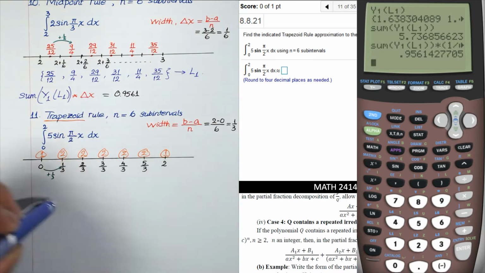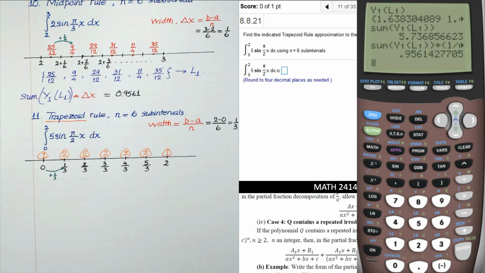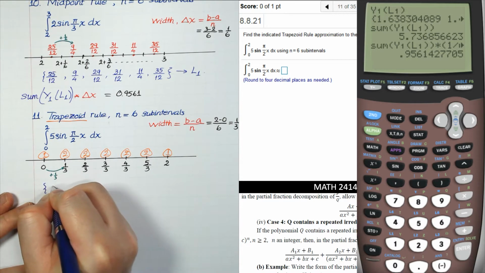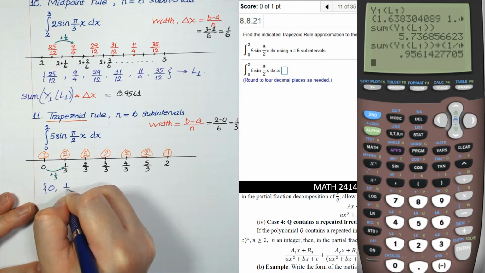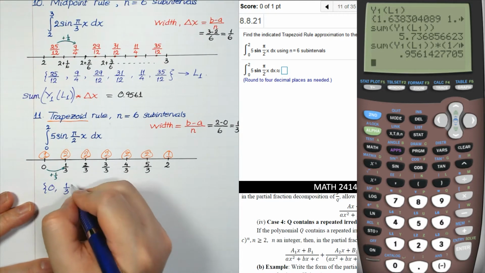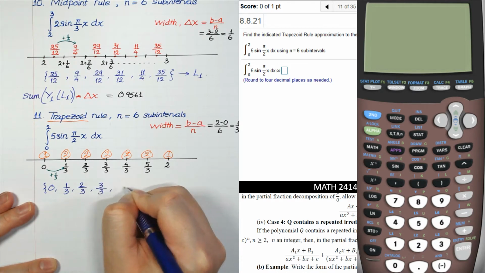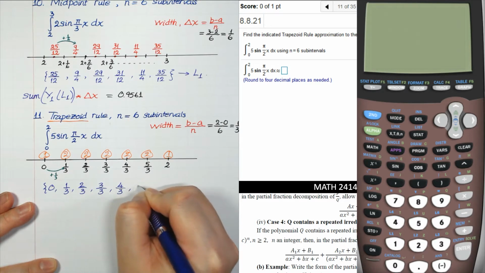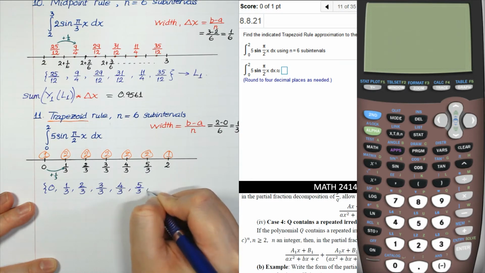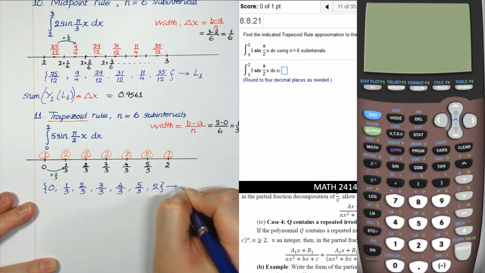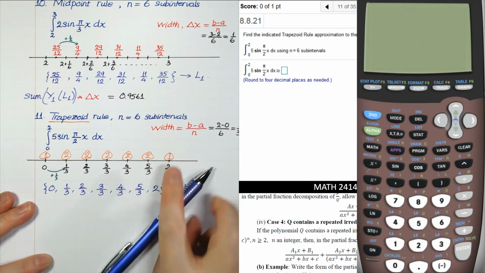So first I will store all these values into list 1: 0, 1/3, 2/3, 3/3, 4/3, 5/3, and then 2. Store that into list 1.